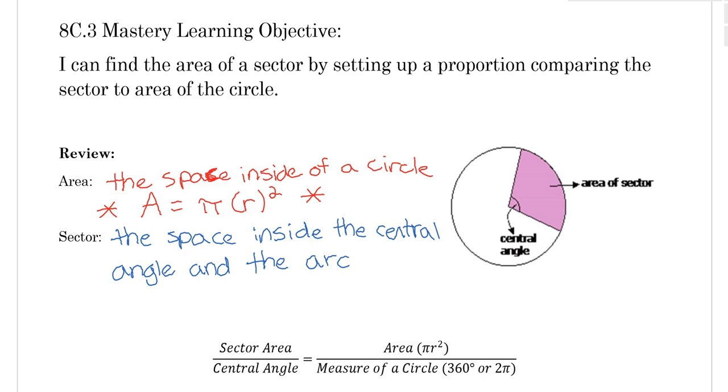Okay, so if you look here, here's my central angle, here's my arc, and it shaded all of that space inside of there. Okay. Again, basically what a sector is, it looks like a piece of pizza.